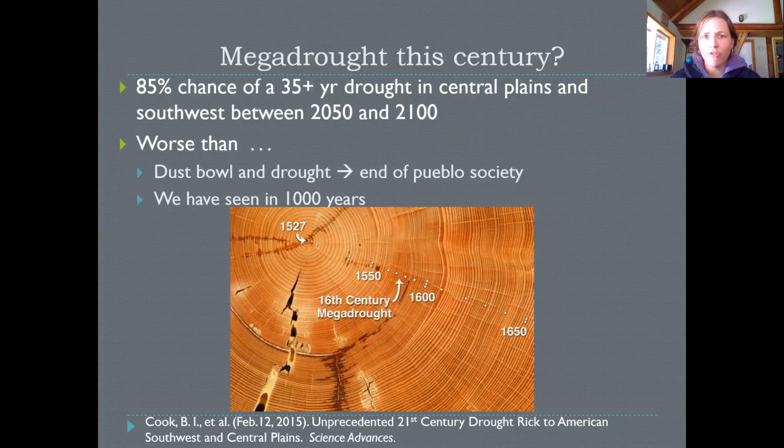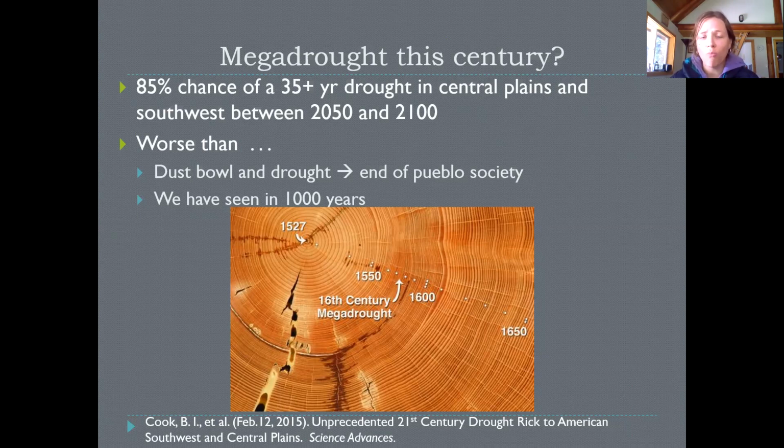They're able to look back through this data and then make an estimate that we have an 85% chance of experiencing a 35+ year drought in the Central Plains and Southwest area of our country in the second half of this century. So if we have been extremely disrupted by 3 or 5 or 7-year droughts in the past, a 35-year drought is going to be much more serious than that.